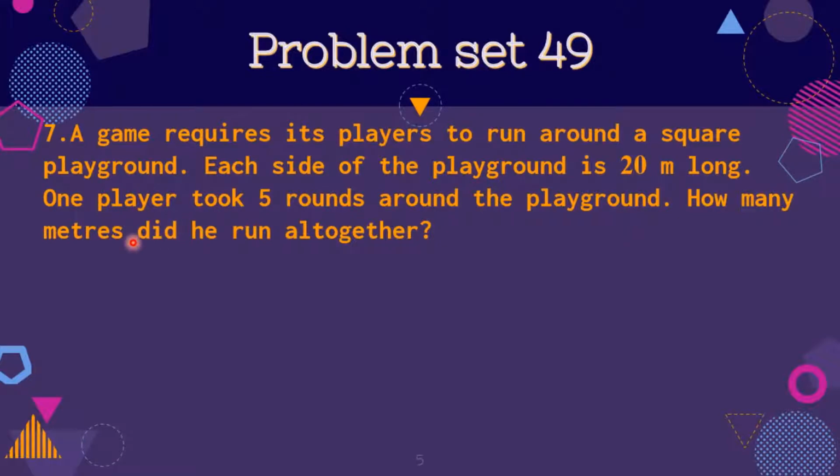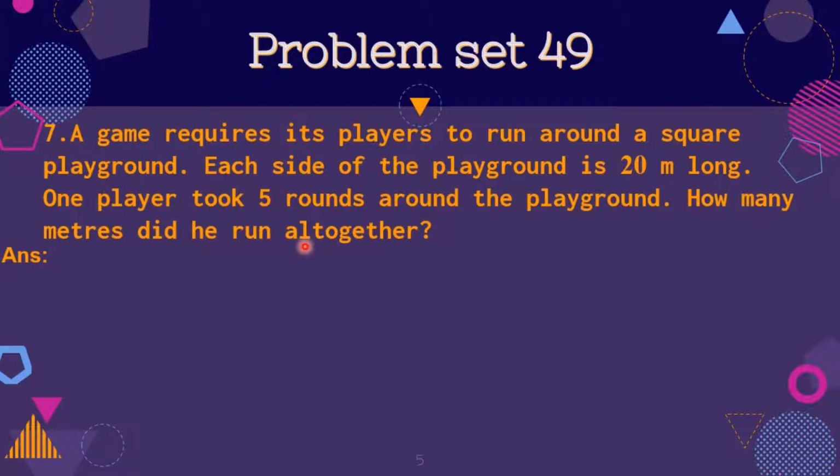Now here it's a square shaped playground and each side of the playground is 20 meters long. One player is taking 5 rounds around that playground and we have to find out how many meters he ran altogether. So let us first find out the distance he is covering in one round.